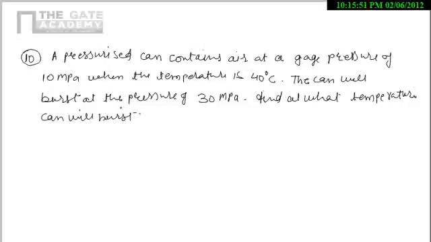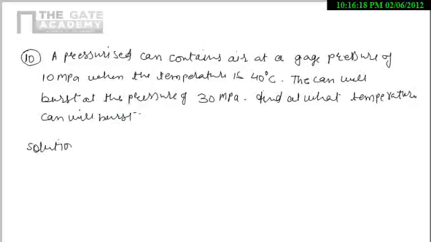So I am again repeating this problem here. A pressurized can contains air at a gauge pressure of 10 megapascal. When the temperature is 40 degrees centigrade, the can will burst at a pressure of 30 megapascal. Find out the temperature at which the can will burst. So here I am solving this problem.